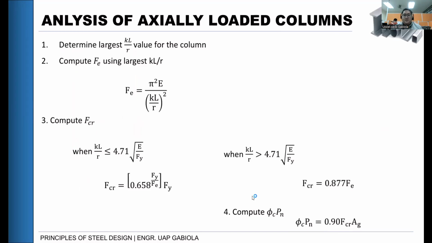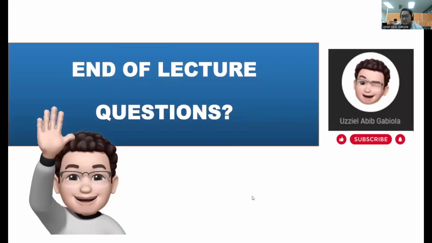Right now, basta malinaw sa atin what is the purpose of KL over R and how do we consider yung mga factors na gagamitin natin para doon sa length natin para maging effective length siya, and ano yung mag-govern doon sa lahat ng KL over R na makakalculate natin. So we will utilize these equations next meeting. But for now, this ends our lecture. Thank you for watching our lecture today.